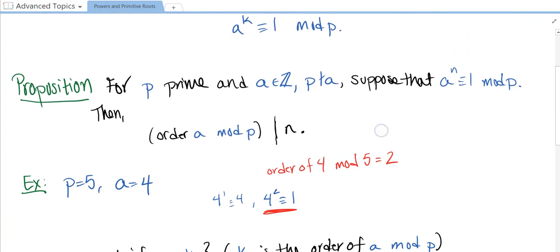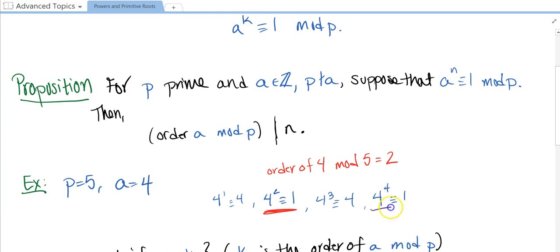For the proposition, suppose that a to the n is congruent to 1 mod p. If we keep going, maybe Fermat's Little Theorem is stuck on our brain, so we just continue: 4 to the third is congruent to 4, and 4 to the fourth is congruent to 1.